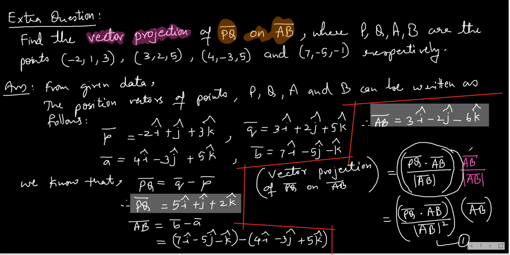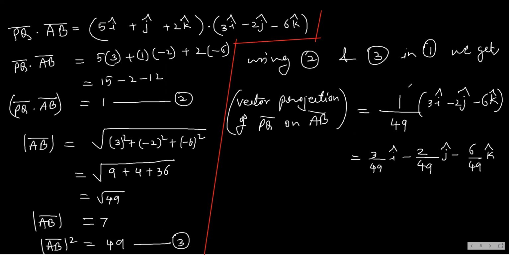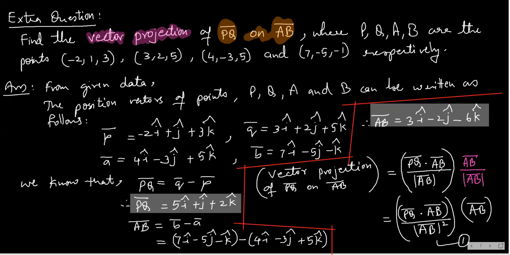And that would not amount to 1 upon 49. Then this would be 1 and this would be root of 49. So in that case, the answer would have been 1 upon root 49. Please go through this.